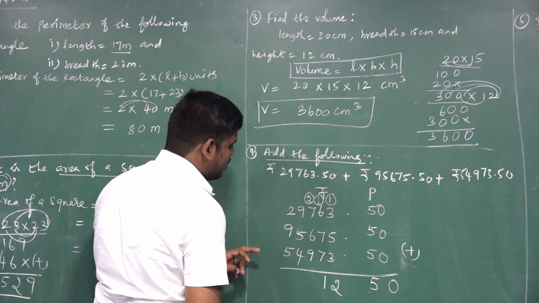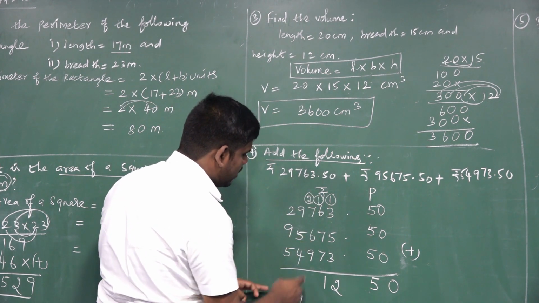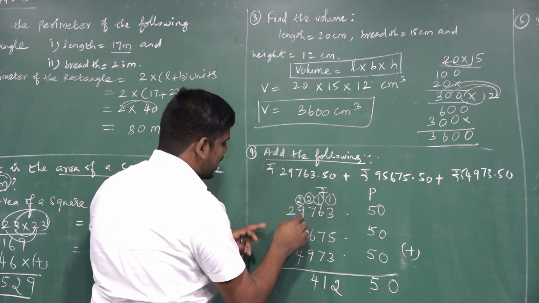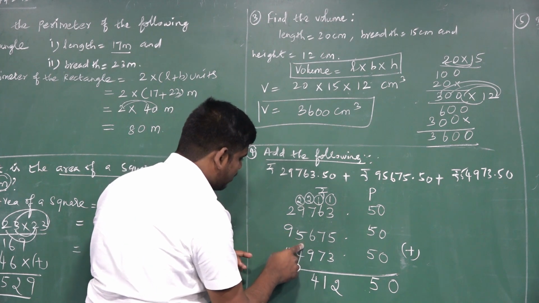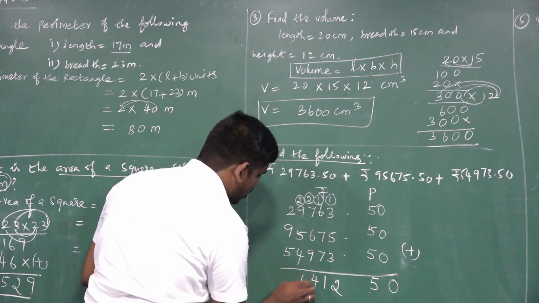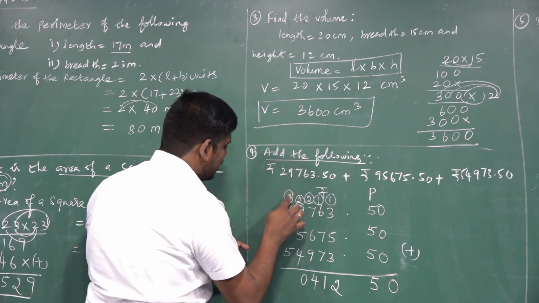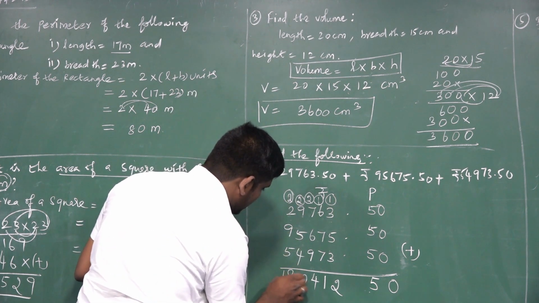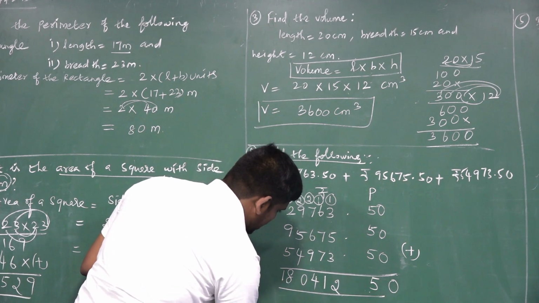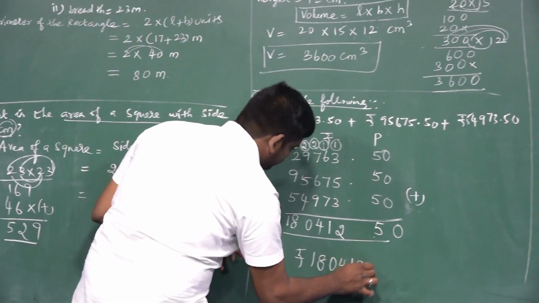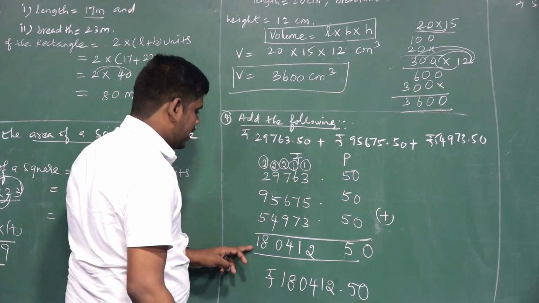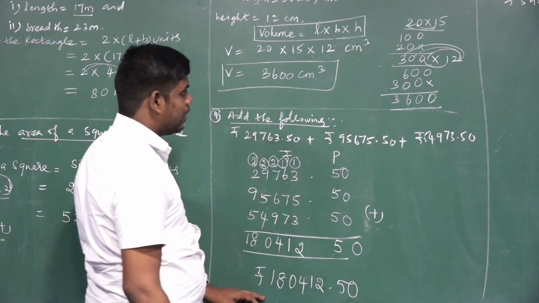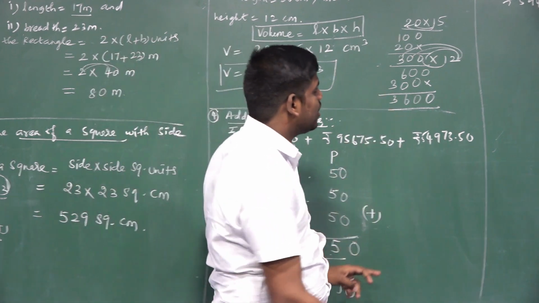Then add 7 plus 2, 9. 9 plus 6, 15. 15 plus 9, 24. We write remaining 2 here. Then add 9 plus 2, 11. 11 plus 5, 16. 16 plus 4, 20. We write remaining 2 here. Then add 2 plus 2, 4. 4 plus 9, 13. 13 plus 5, 18. So the answer is 1,80,412 and 50 paise. Come to the next question.